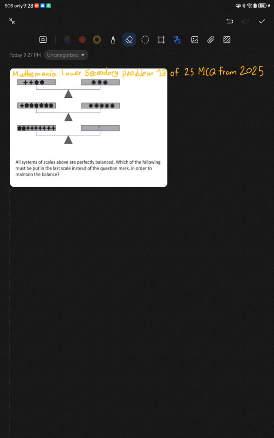So in the given diagram, all systems above are perfectly balanced. It is saying that the weight from one side is equal to the weight of the other. Given the shapes in the diagram, what should be put in this question mark? We want to find what the question is saying.